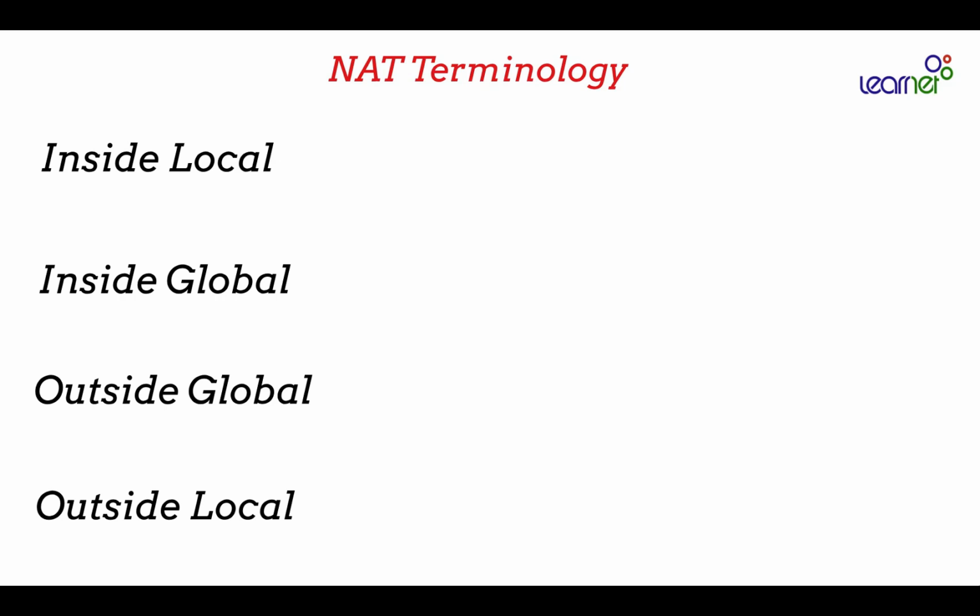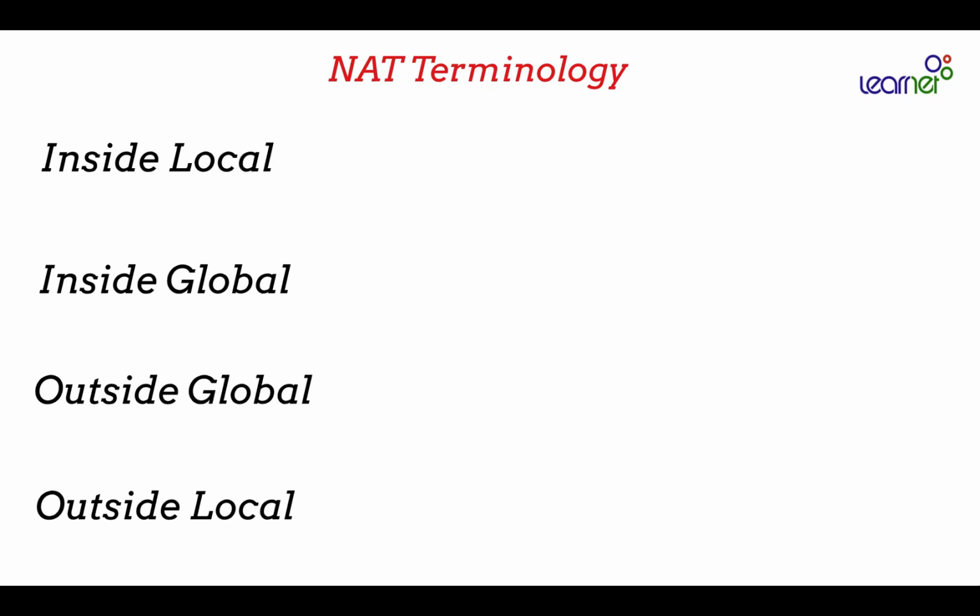The other two terms are local and global. It depends on the perspective of your point of view, where you're looking at things. Local means you have this locally in your network, and global means this is something globally viewable, and people can see it globally.